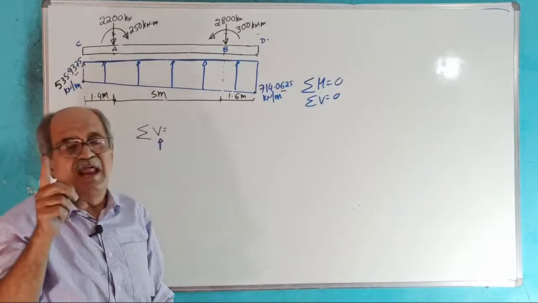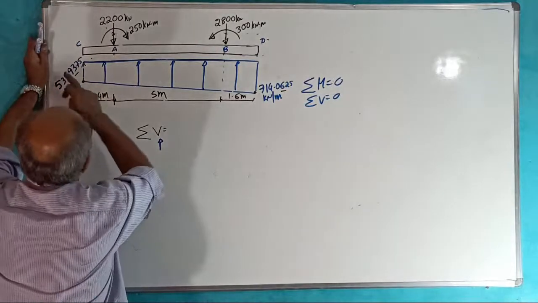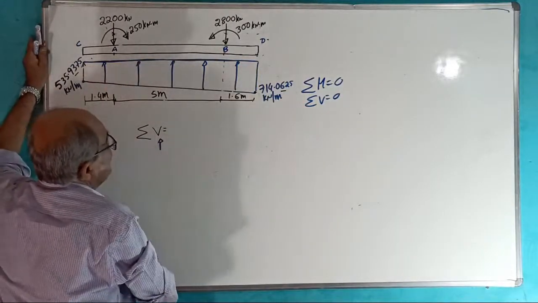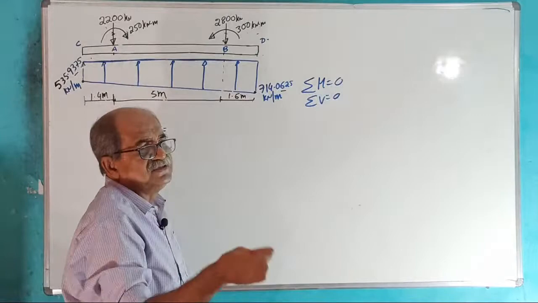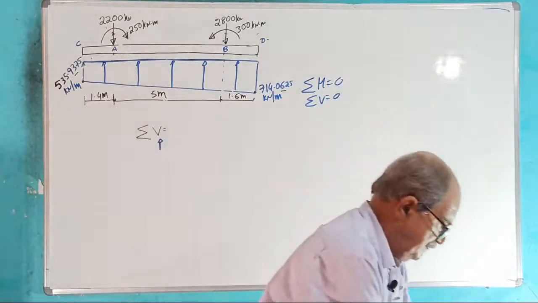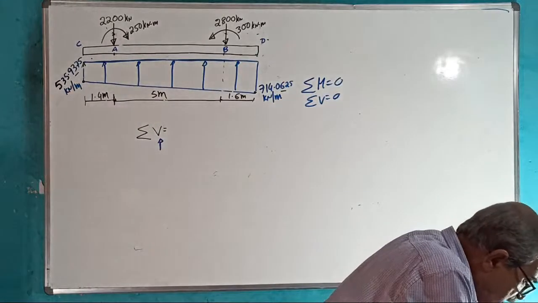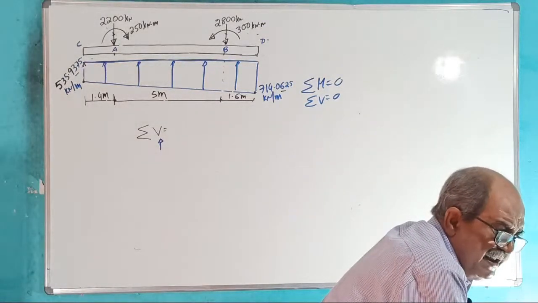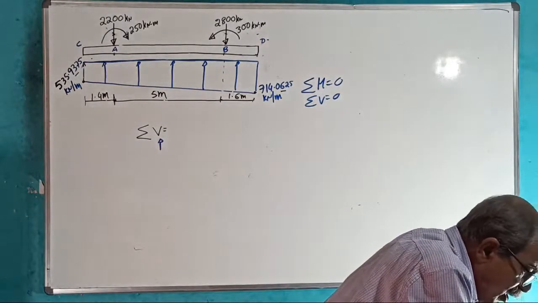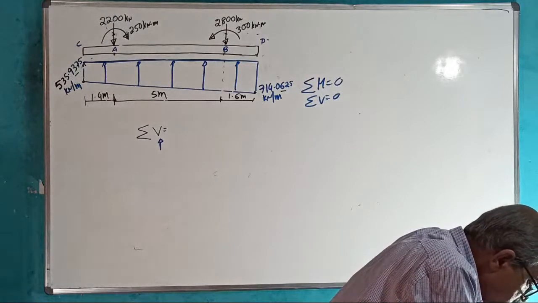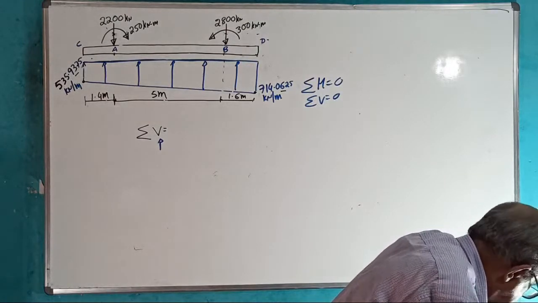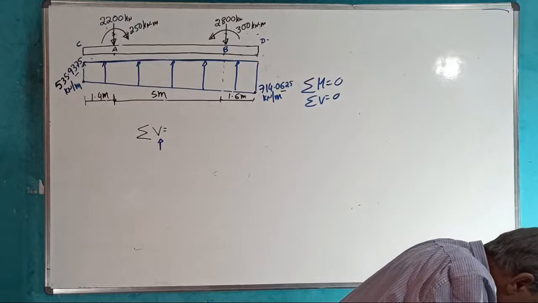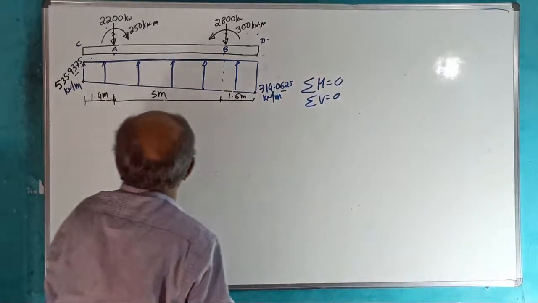When uniformly varying load represented by a trapezium is there, total load is always equal to. Tell the answer. When you got a UVL represented by a triangle or trapezium, total load equal to. Fast. Time not there. Area of the load diagram. So, answer.